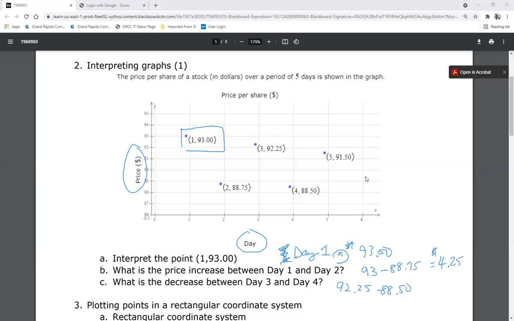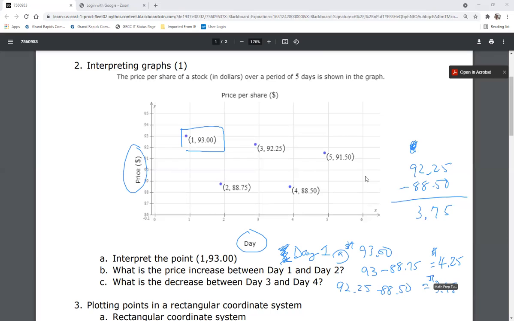Let's see, what do we have? Just do it really quick, 92.25 minus 88.50. So that's 5, that's 7, and it looks like $3.75. So it's going to be $3.75.